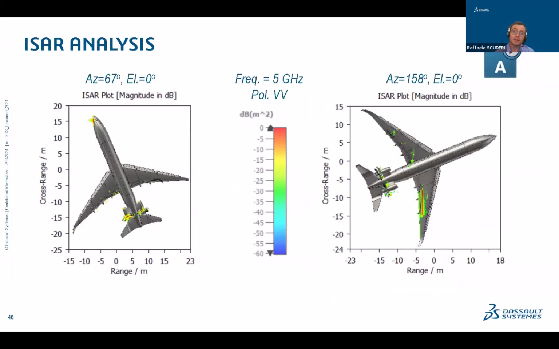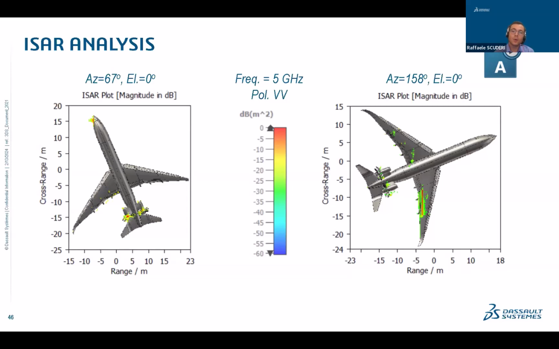And the result, as the name of the analysis already says, is an image. Okay, and it's really a picture of my model. But in this case, the sensor is not an optical camera as we normally use, but a radio frequency sensor. As you can see, I have calculated this ISAR image at 5 gigahertz for VV polarization.